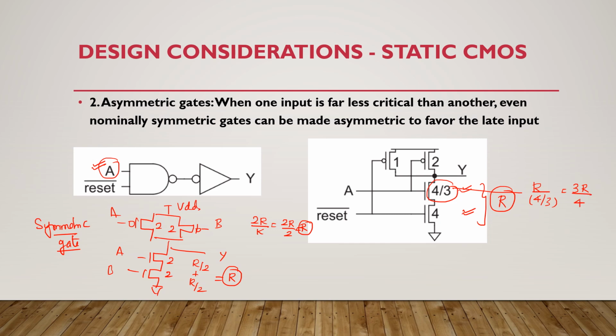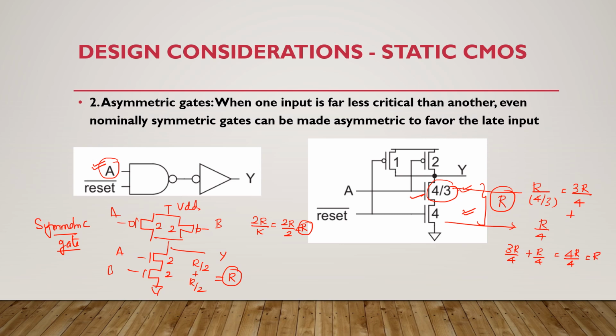And for the other transistor, with width 4, the resistance is R by 4. Both we have to add together: 3R by 4 plus R by 4 gives 4R by 4, which is R.